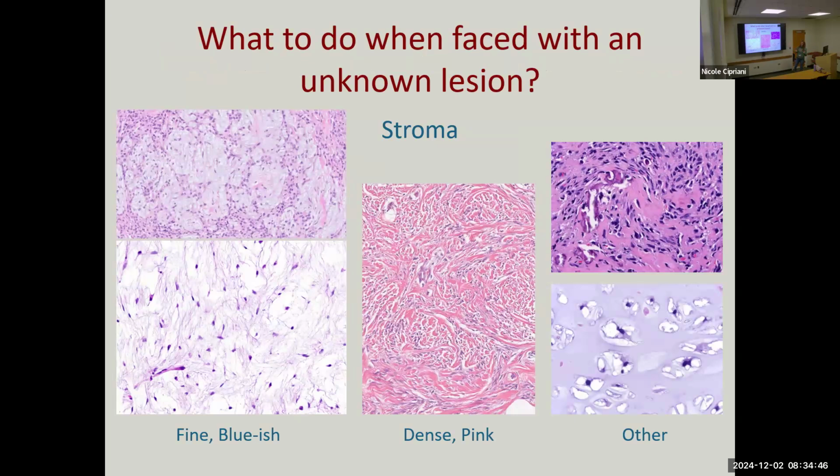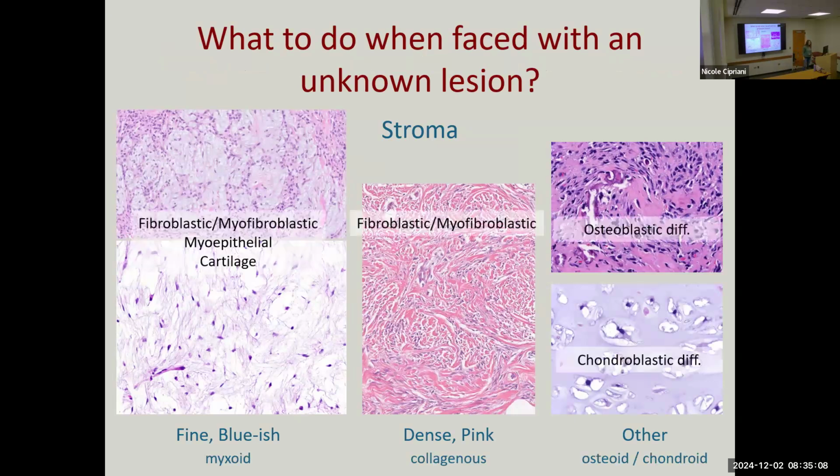So that's cell morphology. What about stroma? Stroma we see as either fine, pale, bluish, myxoid, or dense, pink, collagenous, sometimes heterogeneous, like osteoid, bone, hyaluronic acid, chondroid. All of these terms imply different lineages of differentiation.